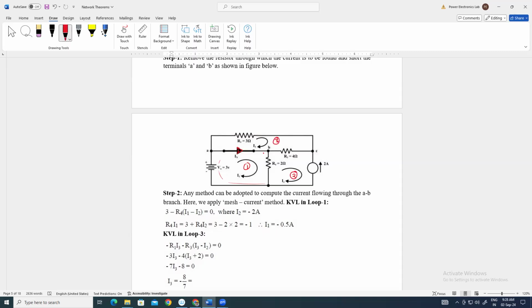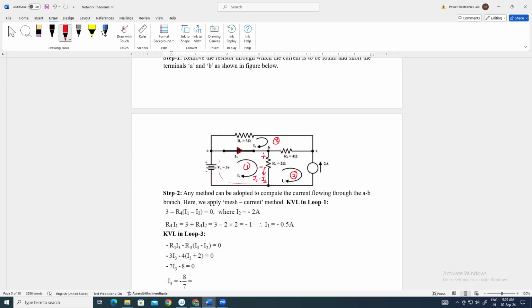You have to assume that if I1 is dominating, then in this branch R4 the current flowing will be I1 minus I2, and the overall direction will be downward. You know that current flows in an element from higher potential to lower potential, so plus will be here, minus will be here.